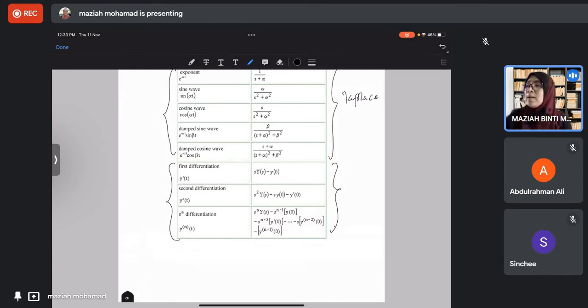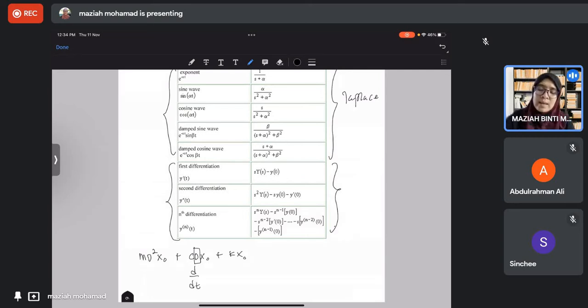So basically, for example, in the equation just now, we have m d square x naught plus c d x naught plus k x naught. I just take one side of that. You can see there is first differentiation, because d here is d over dt.